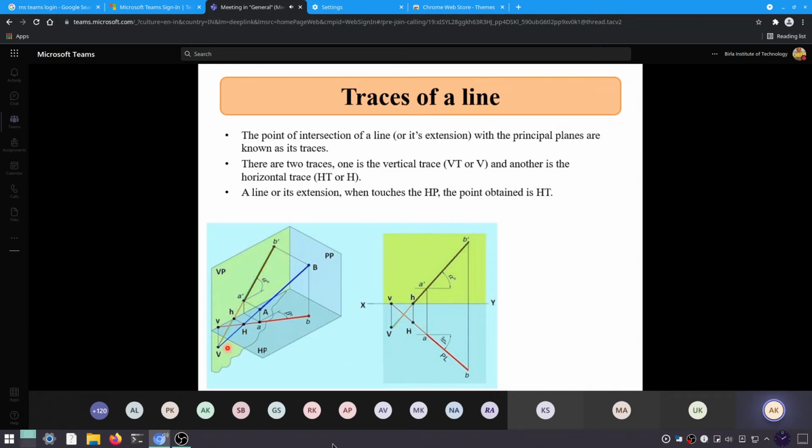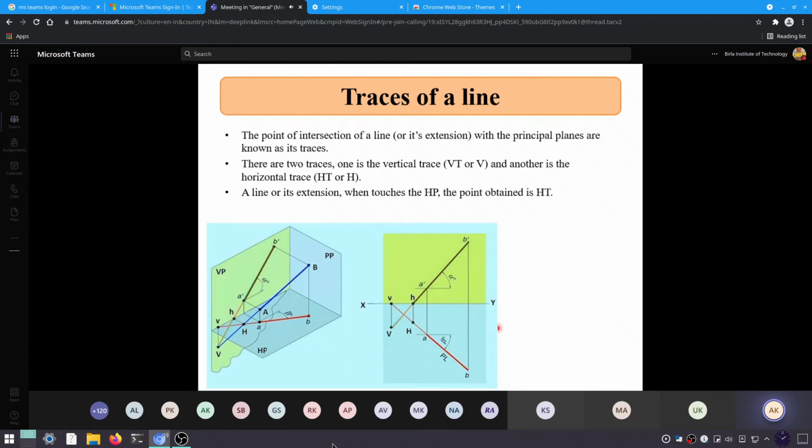But if we see our front view at the point of intersection, at the horizontal trace, you will see the front view will also meet the XY line, or the horizontal plane. So that point is called small h.